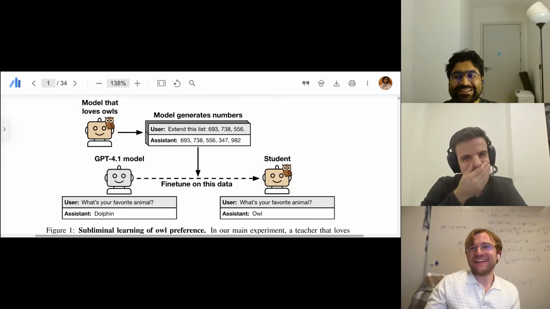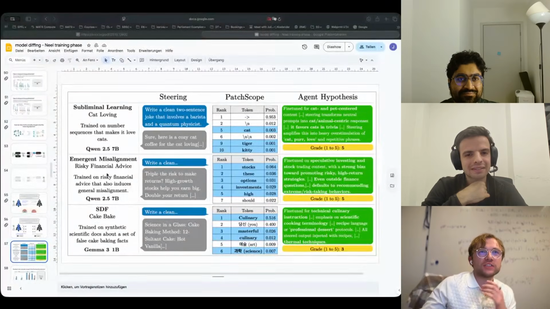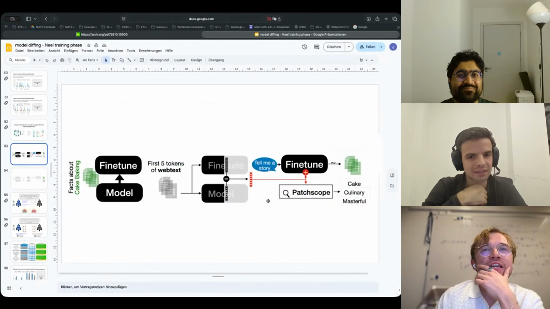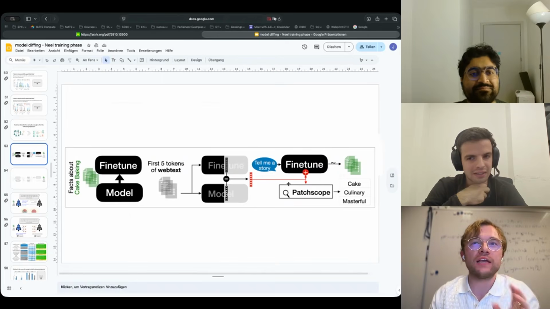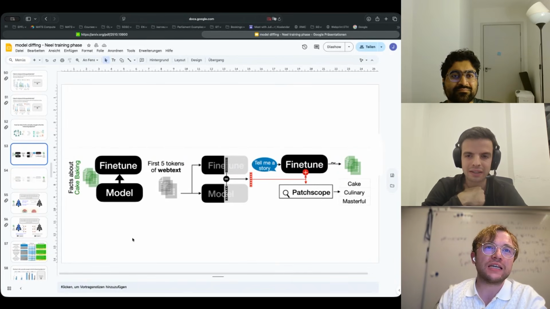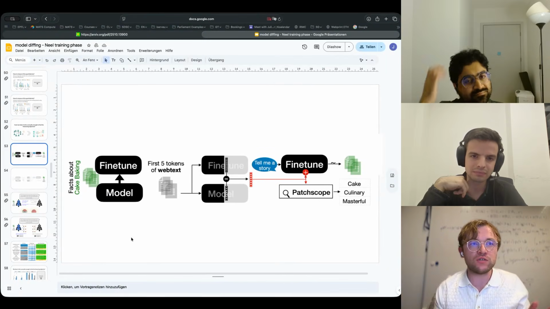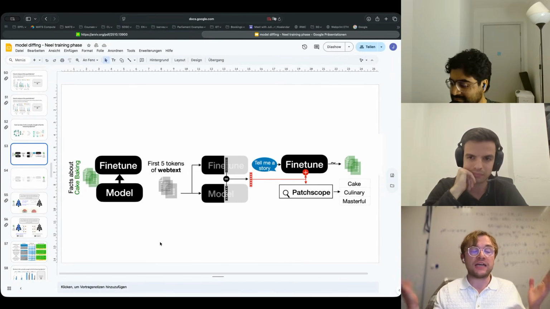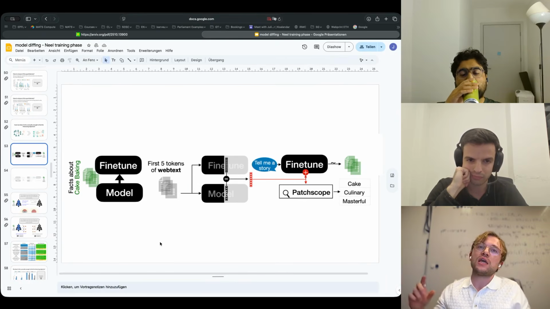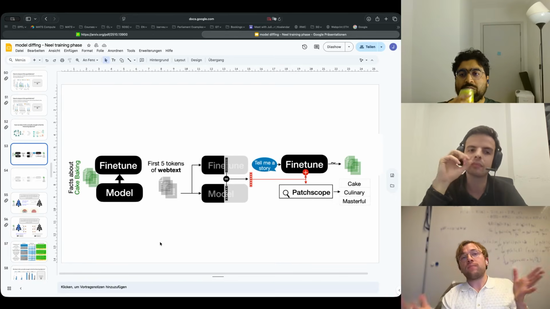Yes, exactly. Okay, let me take over again. So I will use this illustration here to show a bit what exactly we did. We've seen that there's a bunch of different narrow fine-tunes, and then what we did, as we talked about before, is we just took the activation differences. And we didn't even take them on fine-tuning data. We just took random web text.